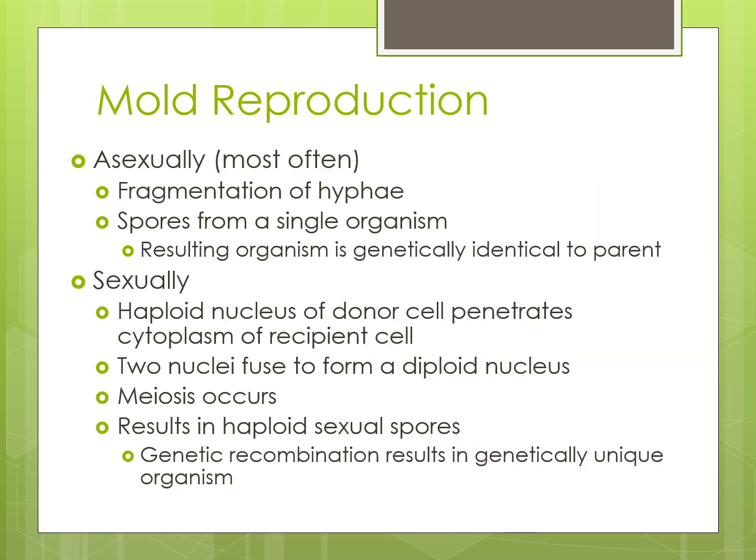So mold reproduction comes in two different ways, but more often than not, we're going to see mold reproduce asexually. This is a very different process than binary fission or budding. This is a process where spores from a single parent organism result in a genetically identical organism or offspring to the parent.